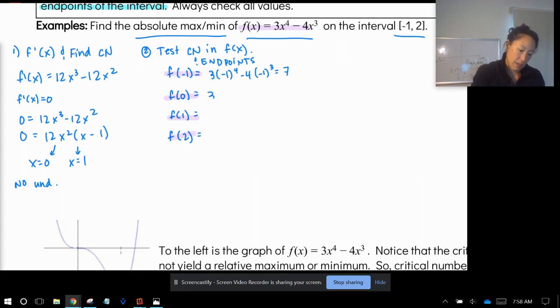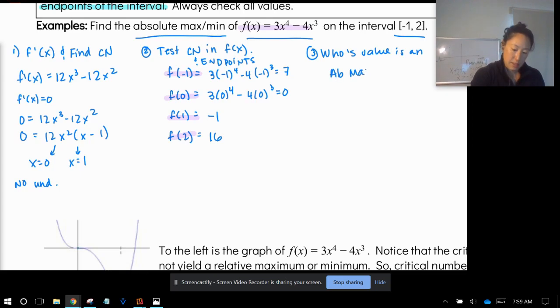And then I have 3 times 0 to the 4th minus 4 times 0 to the 3rd is equal to 0. Okay, when I continue this, I get -1 and 16. And then it's a matter of who wins, okay? Whose value is an absolute max or min, okay?